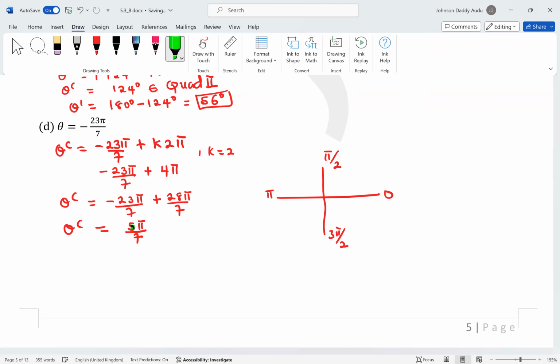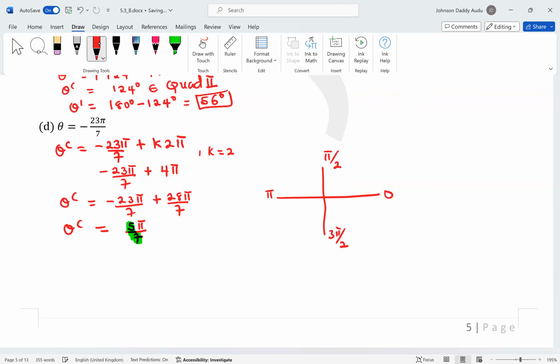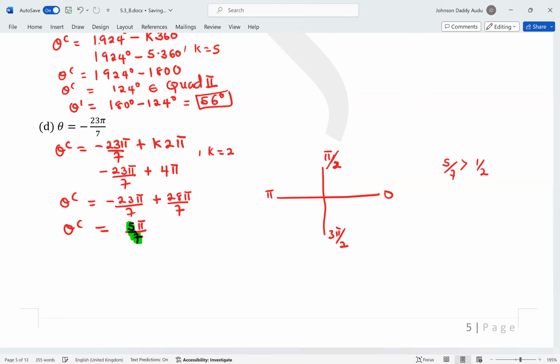We're going to compare its coefficient with 1 over 2, because here the coefficient is 1 over 2. If you compare 5 over 7 and 1 over 2, you get that 5 over 7 is greater than half. So this number cannot be in the first quadrant. So it's going to be in the second quadrant.